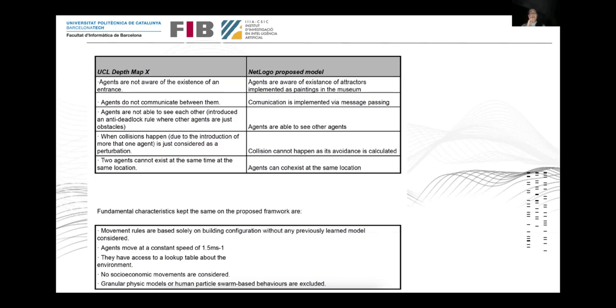And they have access to a lookup table about the environment, but it's mostly regarding the attractor weights. At this stage, no socioeconomics are considered. There were some debates whether or not we should implement some flocking behaviors, like, for example, the behavior of a family visiting the museum all together. It is supposed that, for example, kids should follow the parents, but it was not done at the very beginning. So particle swarm-based behaviors were discarded.